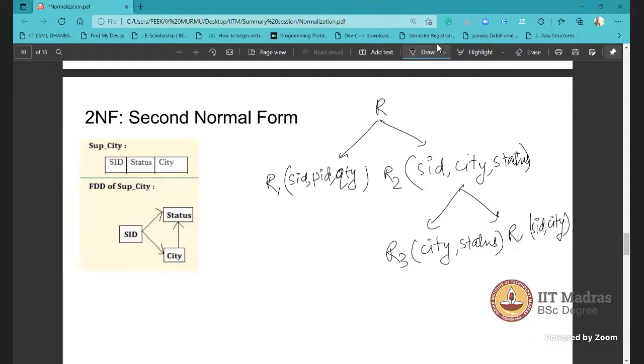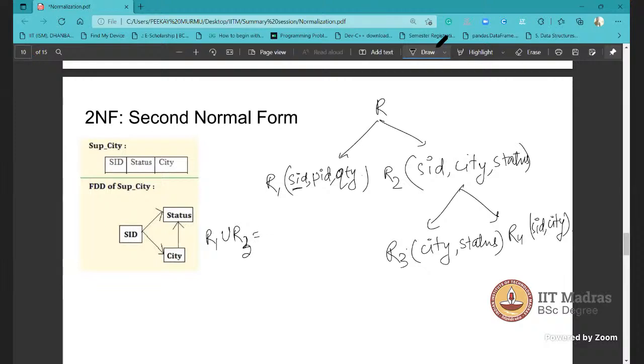Can you check for this R1, R3 and R4? Does it preserve lossless decomposition or not? We can check, right? So for this, first we have to check R1 union R2.